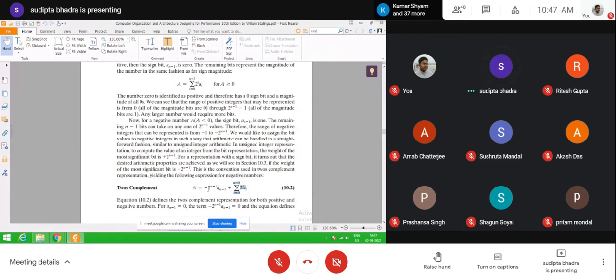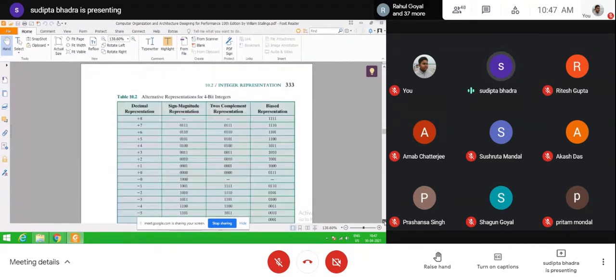So this will be subtracted from this summation result to get the 2's complement representation of the particular number. Means from the 2's complement representation, to get the particular integer value of that negative number.